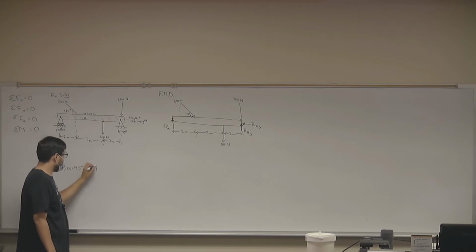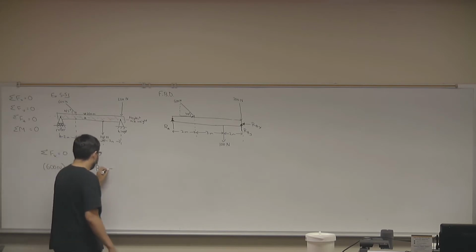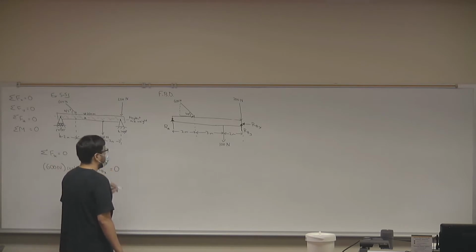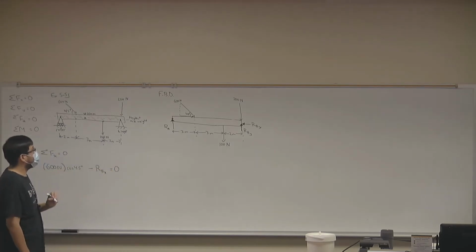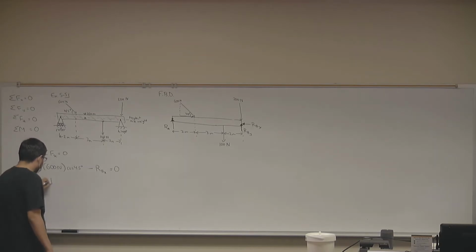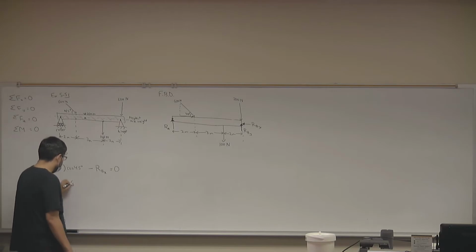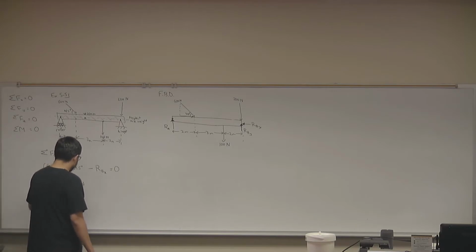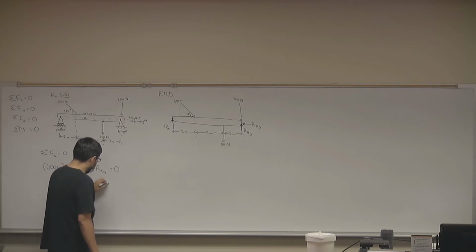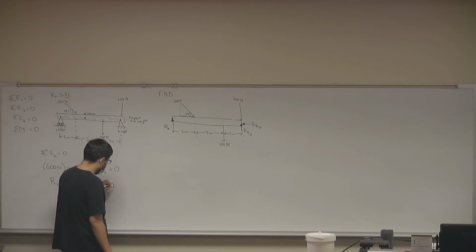RBX. Plus or minus? Minus. Minus, right? We drew it towards the left, so I'll just write minus. And all this equals 0. This tells me that my reaction force RBx equals 600 times cosine of 45 degrees, which is 424.26 newtons.